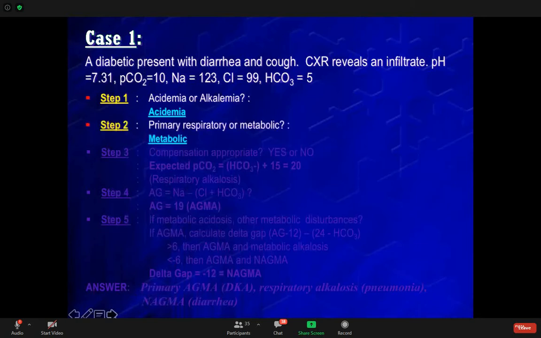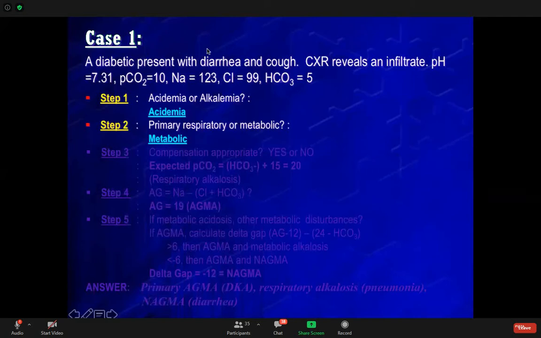Okay. So choose step number 3. تتذكر؟ Step 3. Compensation.